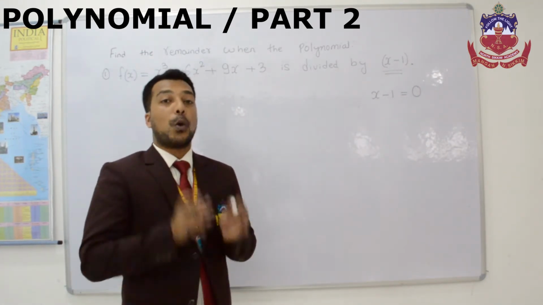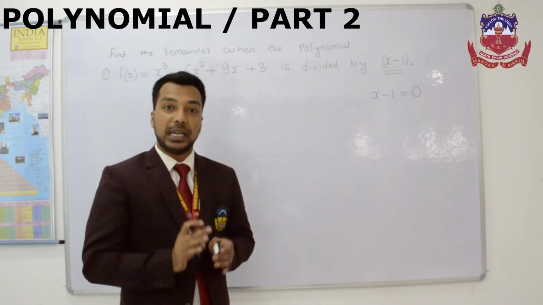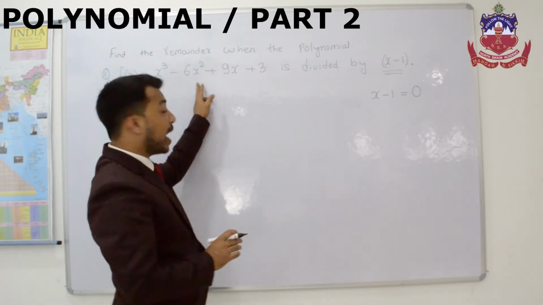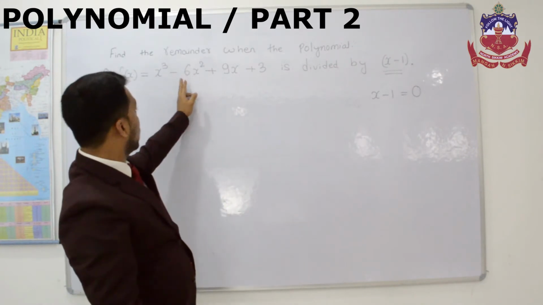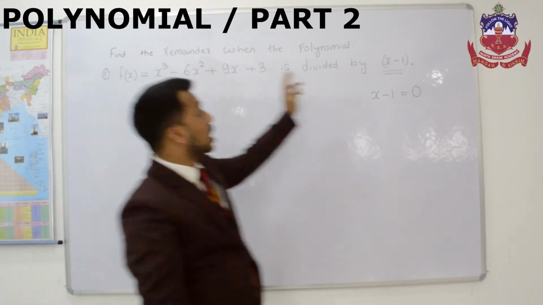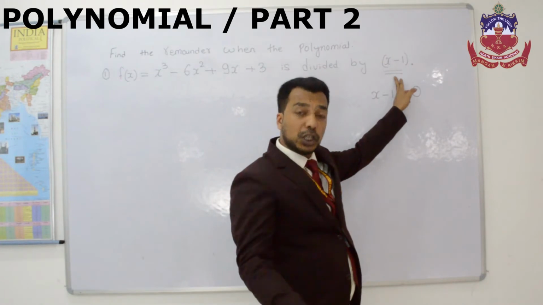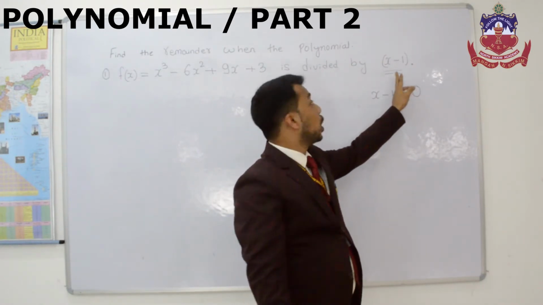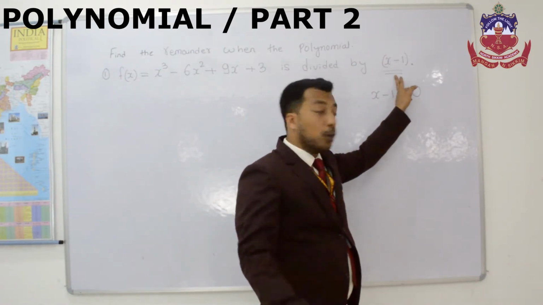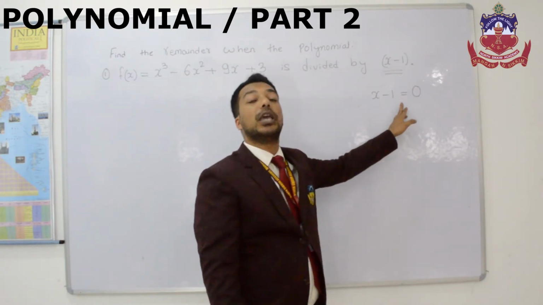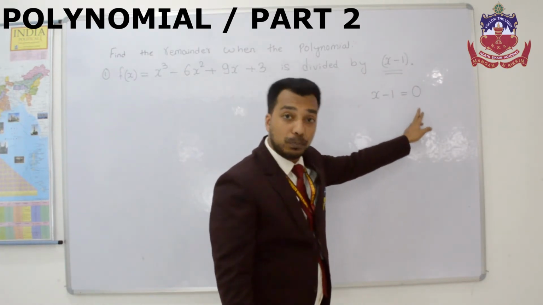Always remember, whenever we are finding the remainder, you will be provided with two polynomials. One will be the bigger polynomial, the other one is a smaller expression, or polynomial. The smaller expression has to be converted into an equation equal to 0.